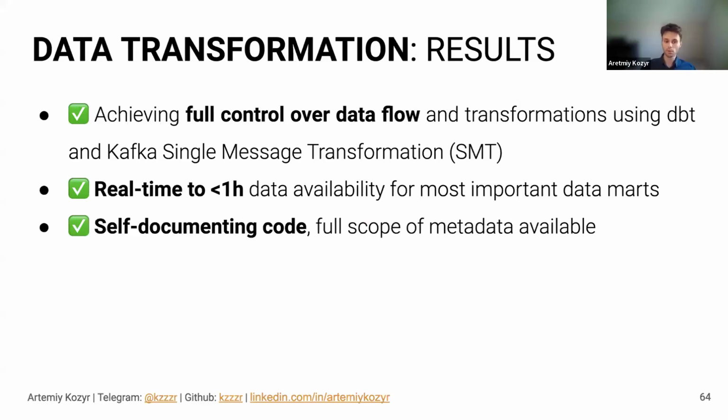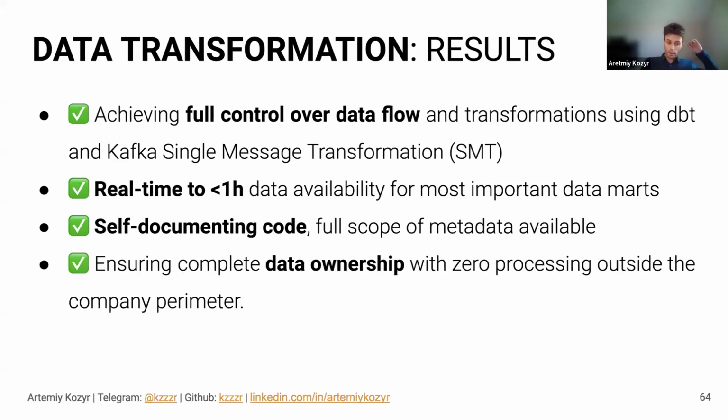And that is self-documenting code. Everything we do is version controlled, self-documenting code, with the full scope of metadata available for further use. And we end up with complete data ownership, zero processing outside the company perimeter.